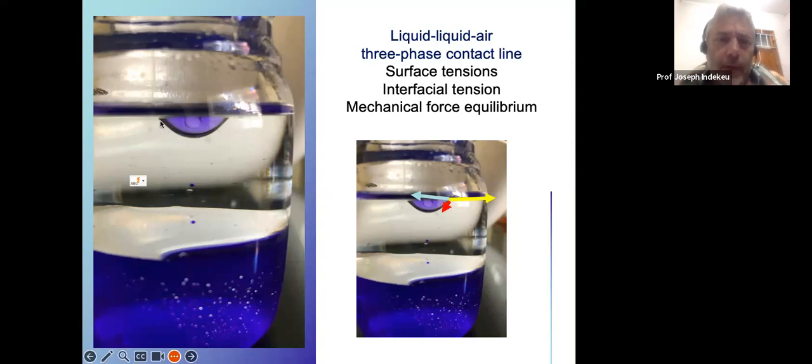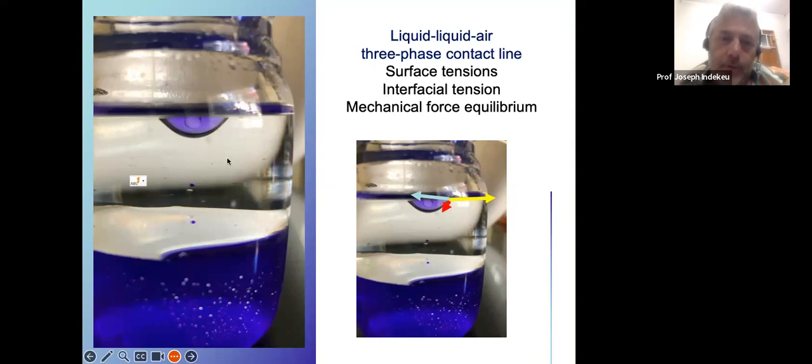If you look carefully, you'll see that inside this drop, there is another small drop, which you might want to call a counter droplet. The primary droplet, the big one, is rich in methanol, and it also contains some of the blue dye that dissolves preferentially in the methanol-rich phase. And the counter droplet is in fact rich in cyclohexane.